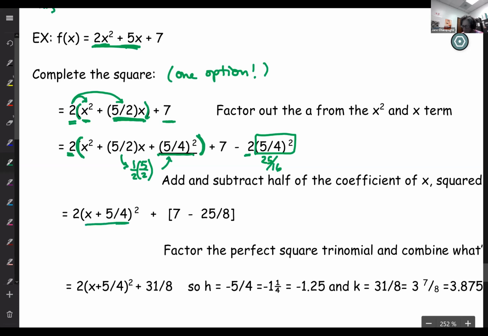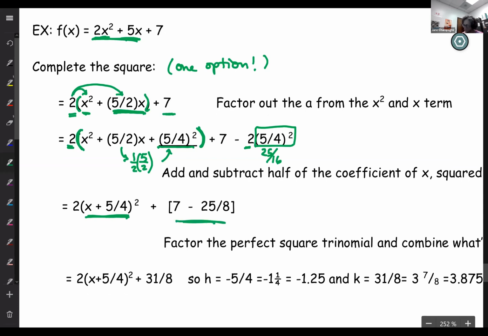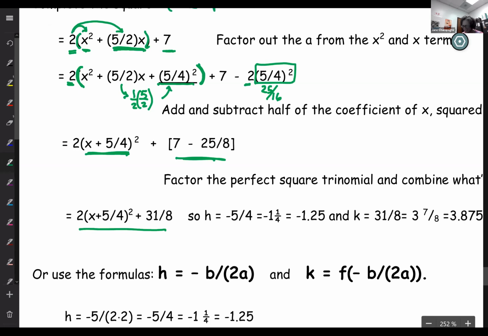But then this factors, and you combine these, and you end up with a lovely function in vertex form. This is x plus 5/4 quantity squared plus 31/8. Nice, huh?